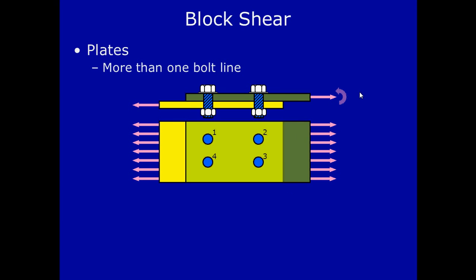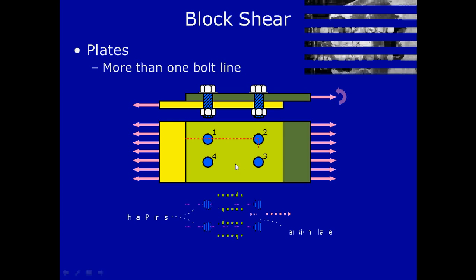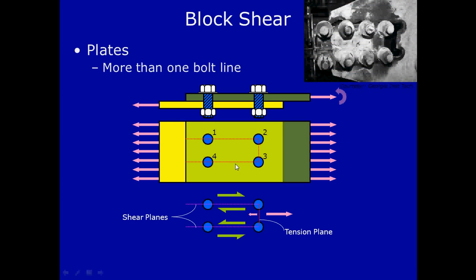Now let us consider two plates connected via bolts. These bolts are marked in the figure using 1, 2, 3 and 4, and this could be the possible failure path.